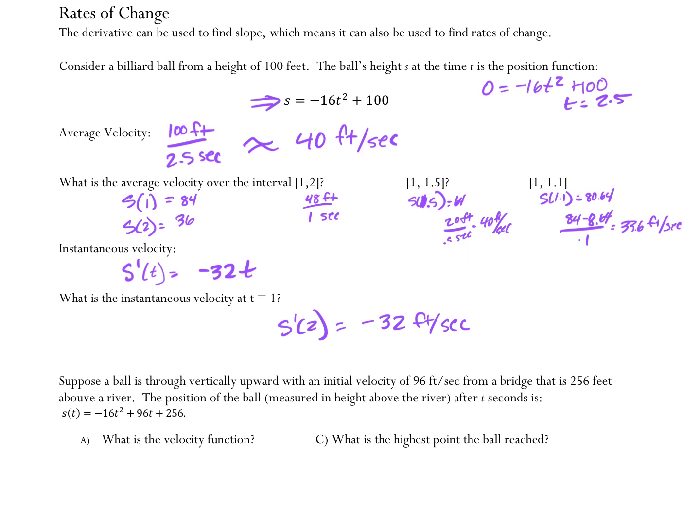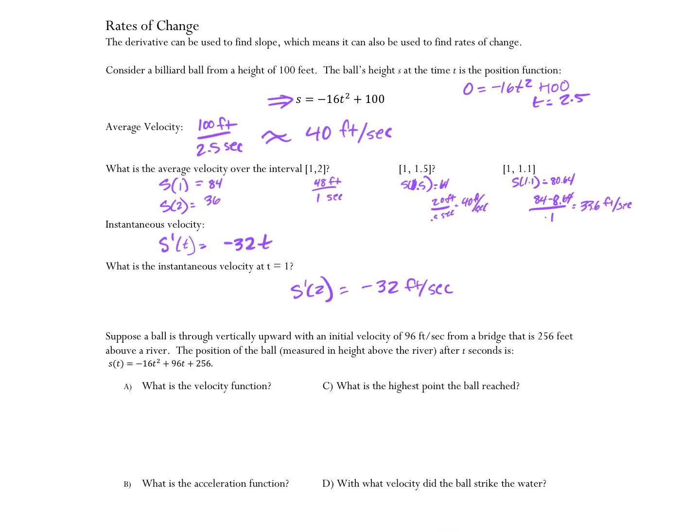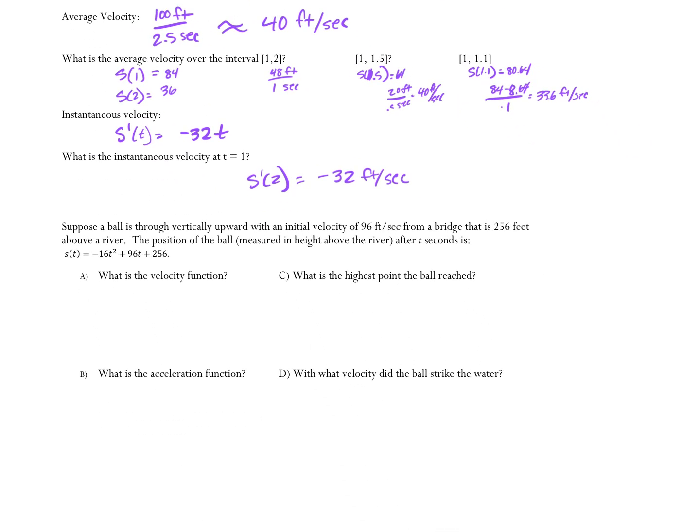Okay, so some big ideas. We typically use s of t to describe position. S prime of t is equal to the velocity at t, because it's the rate of change of your position.